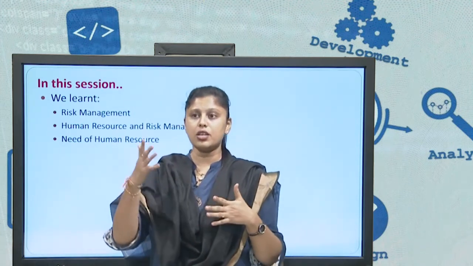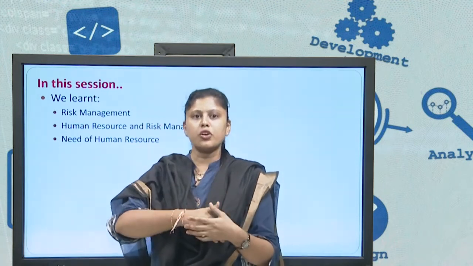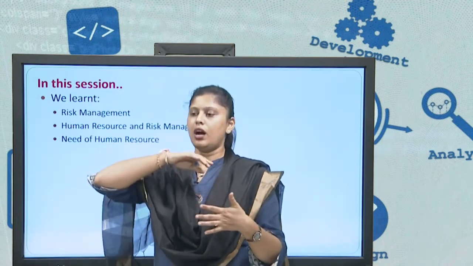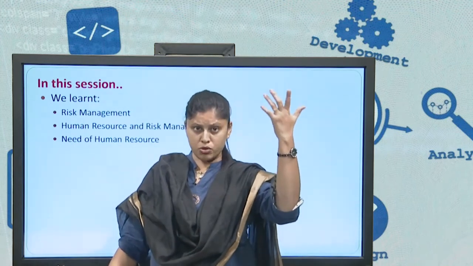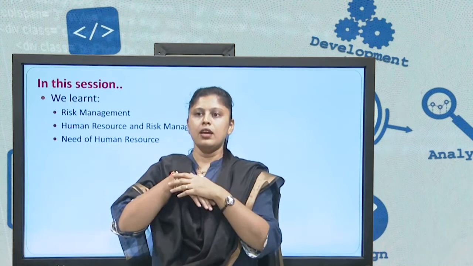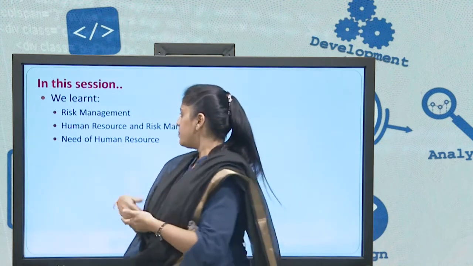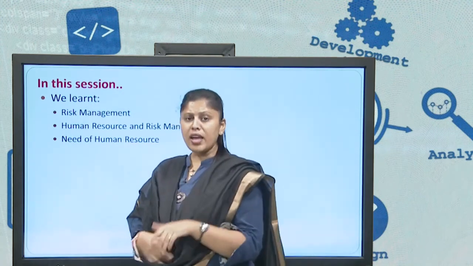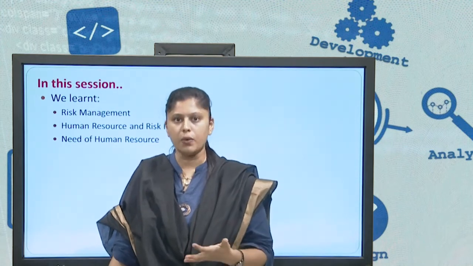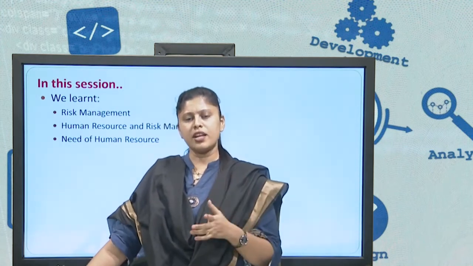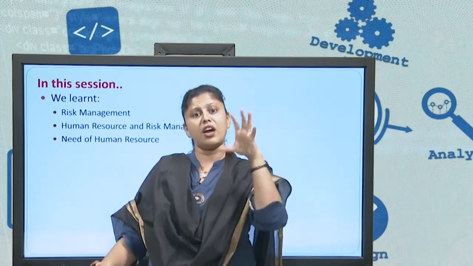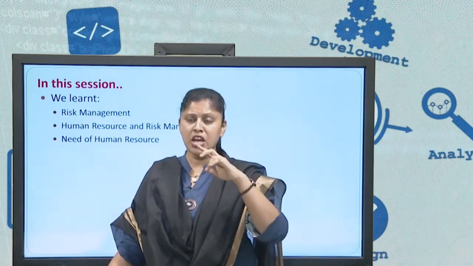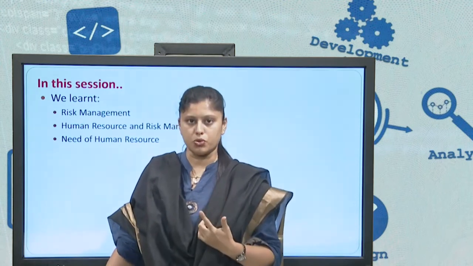It is not just the human resource, it is also the middle managers and the topmost management, and the associated risk with it, alright. And lastly we saw why a particular organization requires a healthy business culture to bring a healthy business environment, and what the need of human resource is, right.